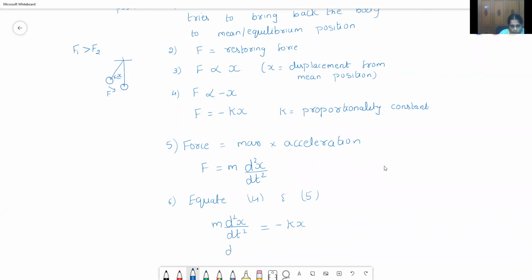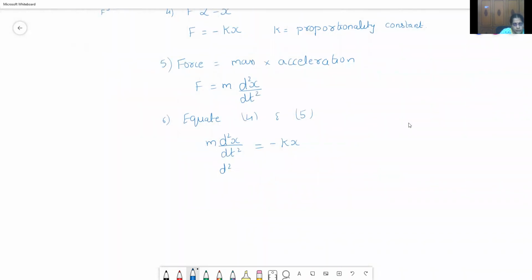Now just a simple adjustment, that's all. I'm going to put m d square x by dt square plus kx equal to 0. Then I'm going to divide everything by mass, so I get d square x by dt square plus k by m x equal to 0. Both k and mass are constant, the mass of the pendulum is not going to change. So I put omega square equal to k by m.